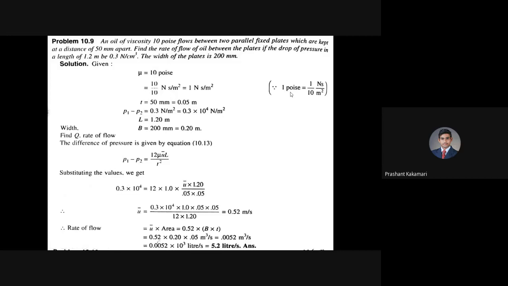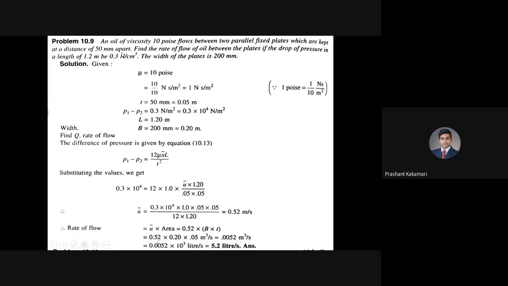For reference, I'll multiply with this 10: 1 into 10 Newton second per meter square is 1 poise. So that oil is flowing between two parallel plates which are fixed, kept at a distance of 50 mm apart.